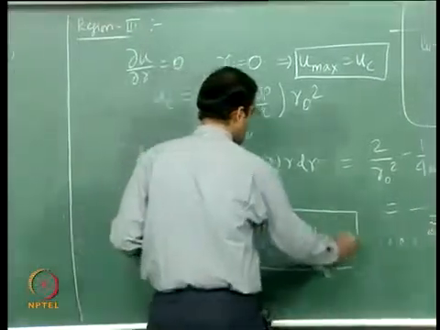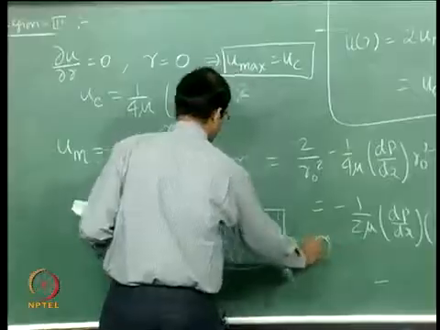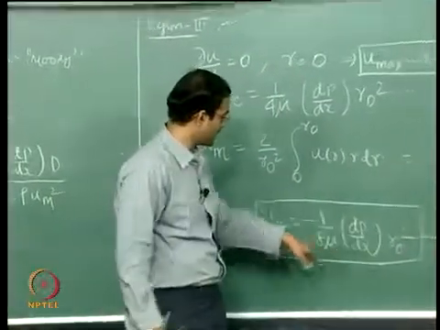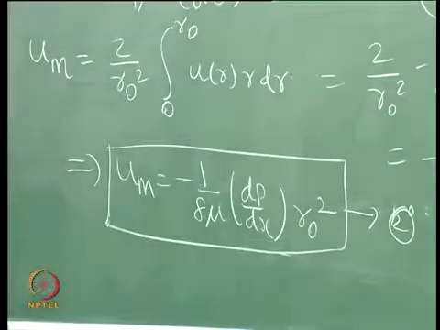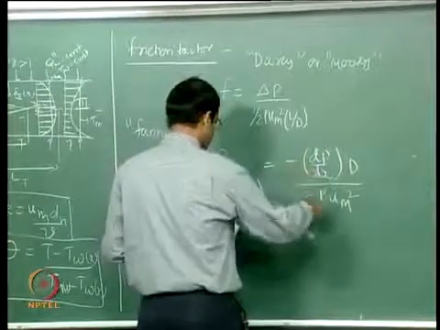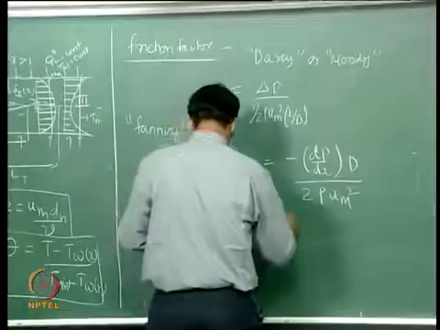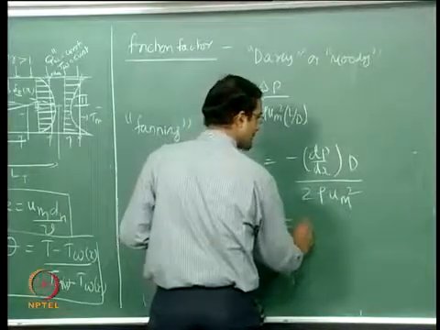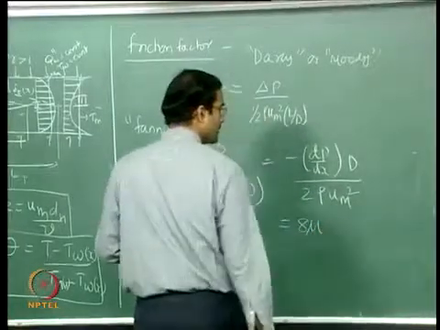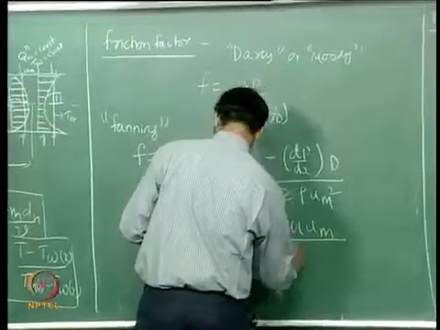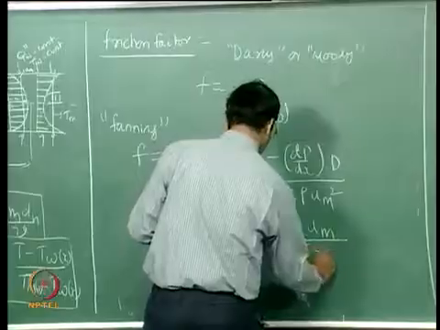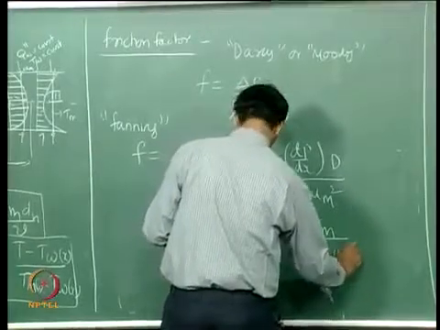Let me call this equation number 2. From equation number 2 you can write dP by dx in terms of um, and you can substitute that here. You will find that some of the terms will cancel off. So if you substitute that, this will be 8 nu um divided by r naught square, and you have 2 rho um square.